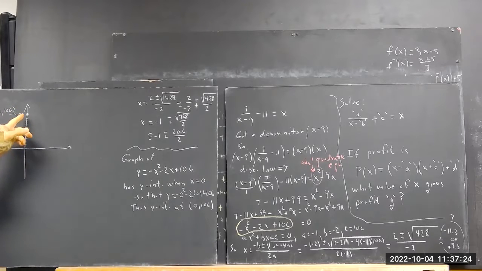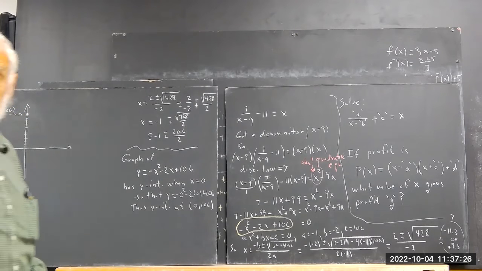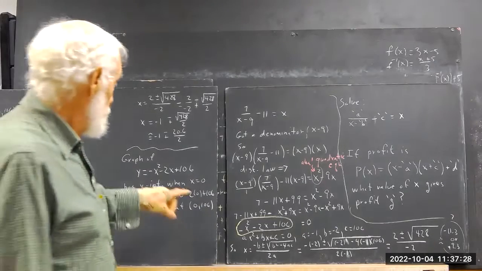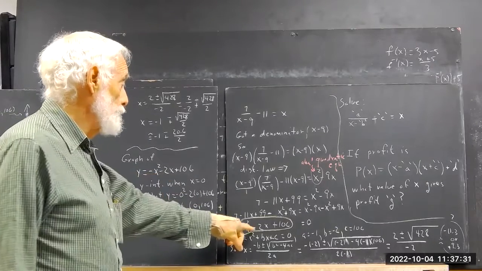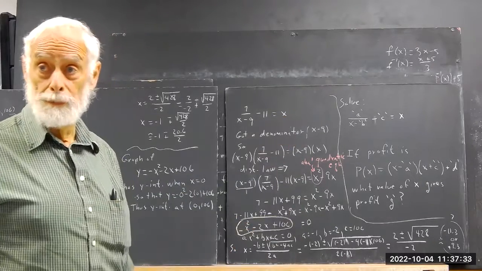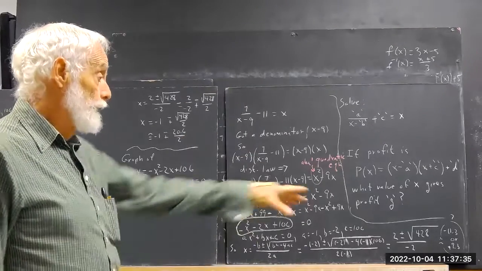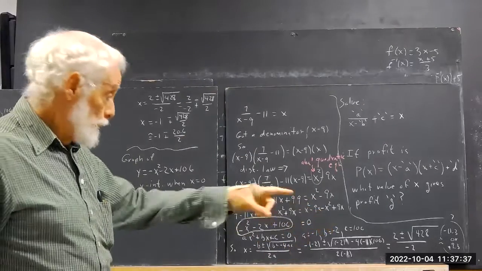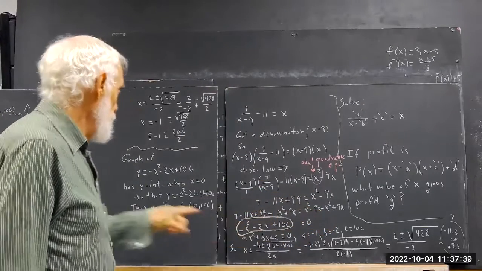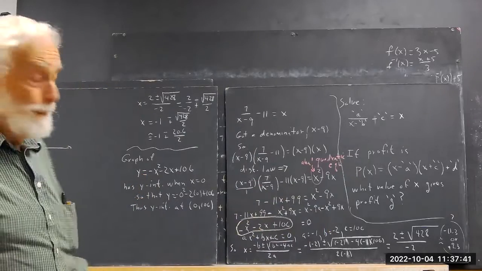The graph has got to go through this point. The graph of y equals this expression, which is the expression we got out of that equation. So just forget about the equation, we've already solved it. But we're going to use the solution, see what the graph of this function looks like.